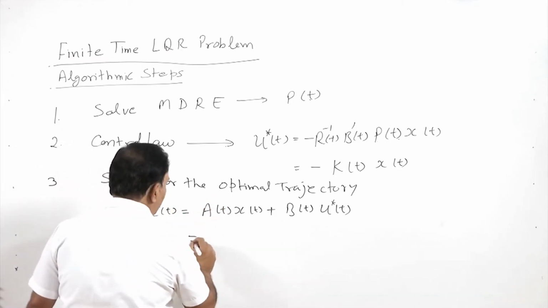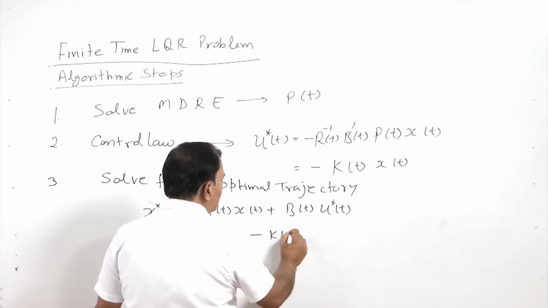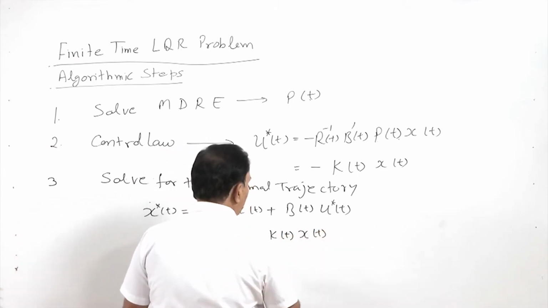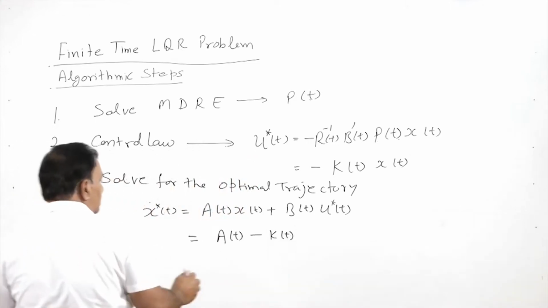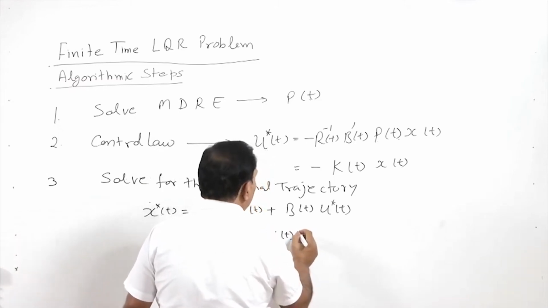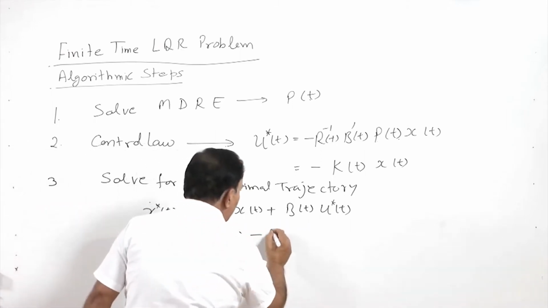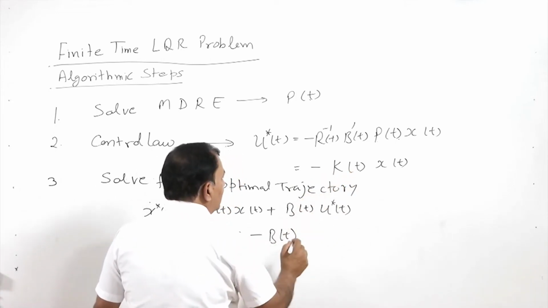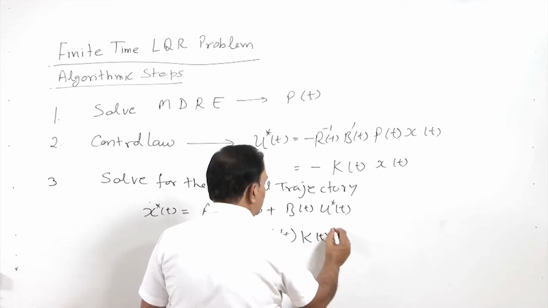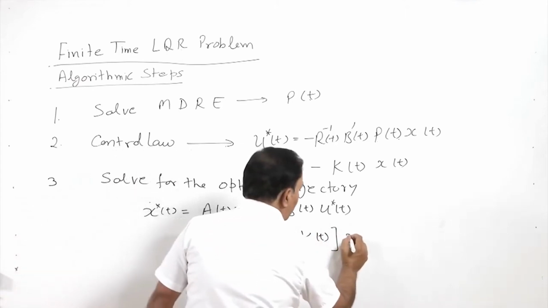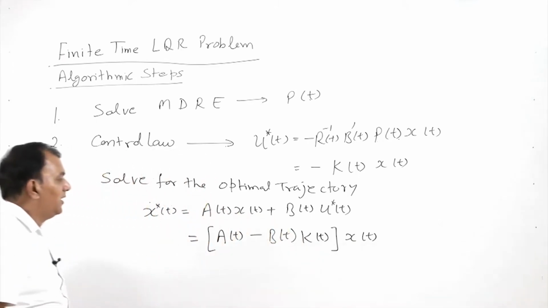So, x dot star t is nothing but at minus bt kt xt, as I am replacing ut by minus kt xt. The negative sign I have taken here.